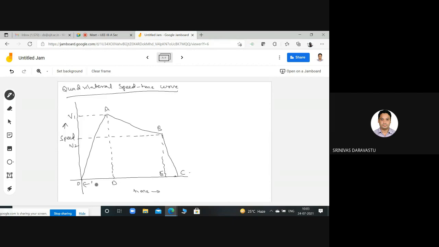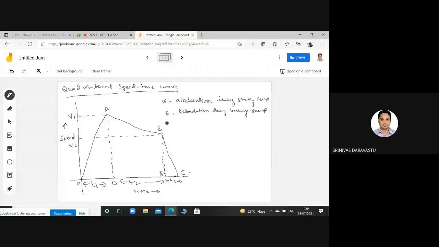Now this is T1, T2, now T3. Alpha is the acceleration during the starting period, and beta is the retardation during the braking period.